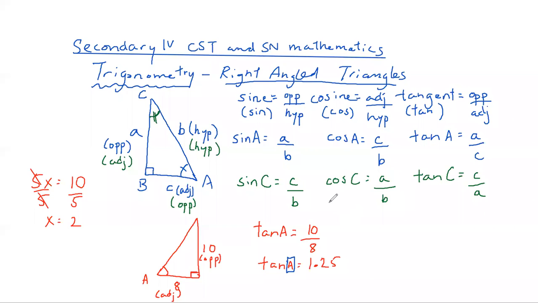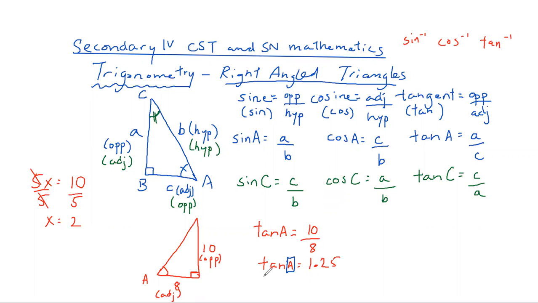Unfortunately, our calculators don't actually understand what that means, which leads me to a special button that you're going to need in your calculator. And typically, it is found on top of your sine, cosine, and tangent buttons. And this is the inverse button. So you'll see it as sine to the -1, cosine to the -1, or tan to the -1.